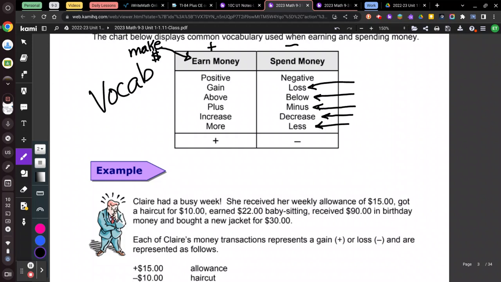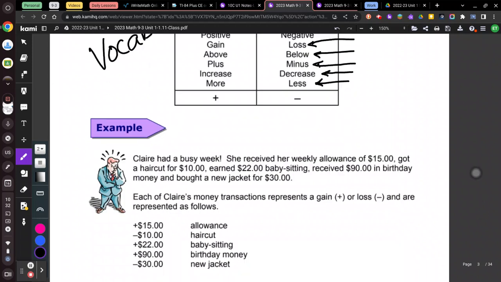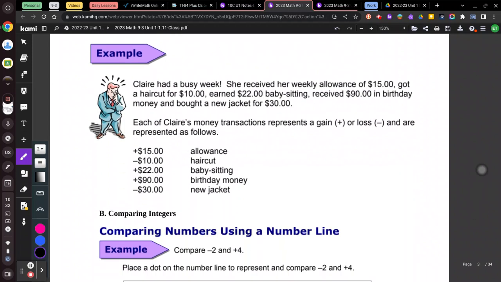Every single one of those means it's going down. So if you had $100 and you used your debit card all day buying things, it's going to show the money decreasing in your account. And then what happens when you run out of money? You can't buy anything. Your bank account is empty.